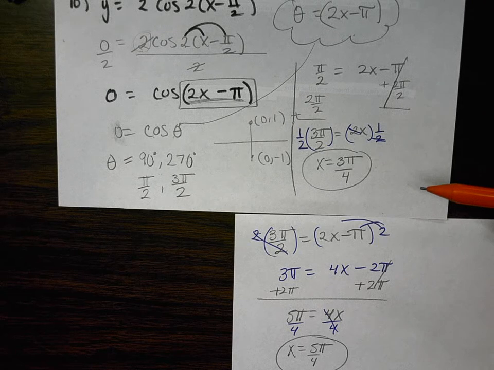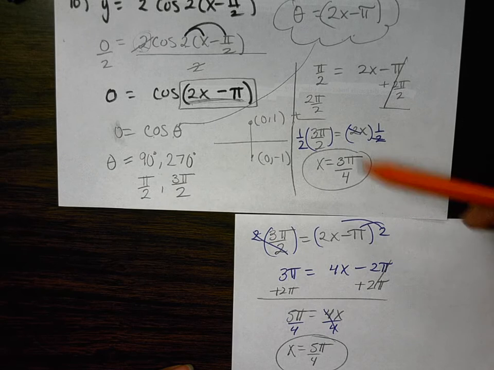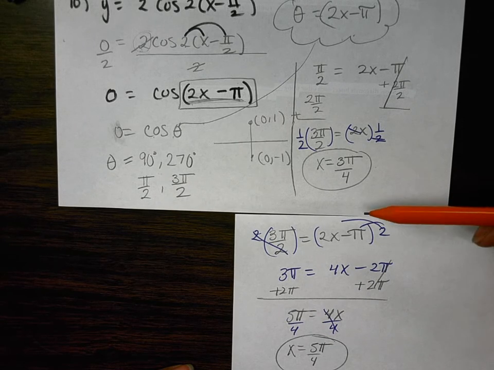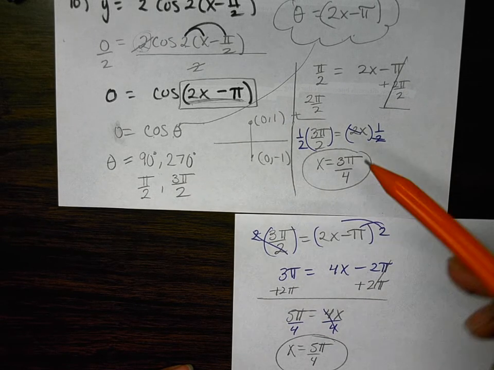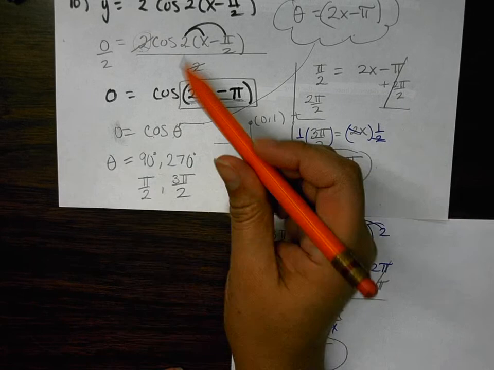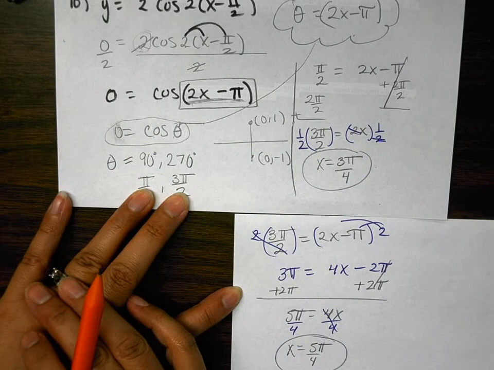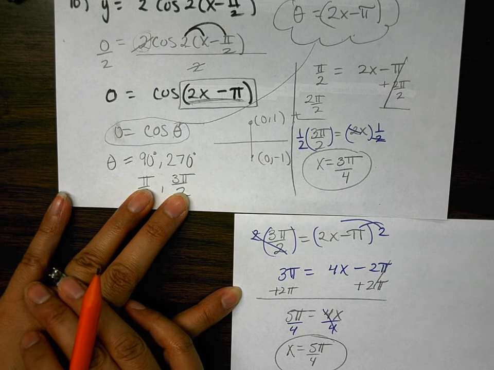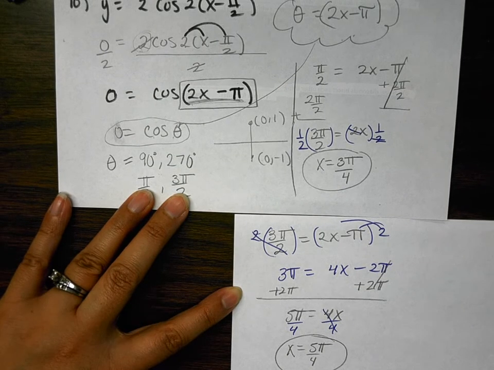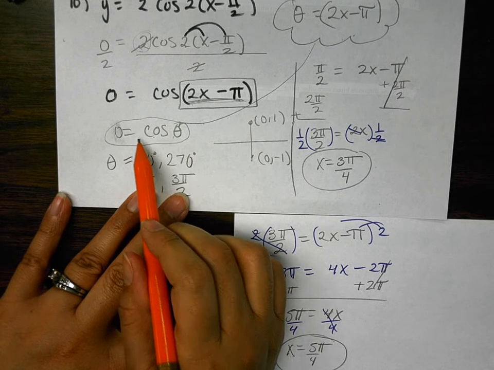Yes? If you do that method, is it possible to get a fake answer because it lies outside of the first period? Good question. He said when you're doing it this way, is it possible to get an extraneous solution that lies outside of the period? Right here, when I ask the question, cosine of what angle is 0, within the first period, I don't know if you heard it, but I did say it.